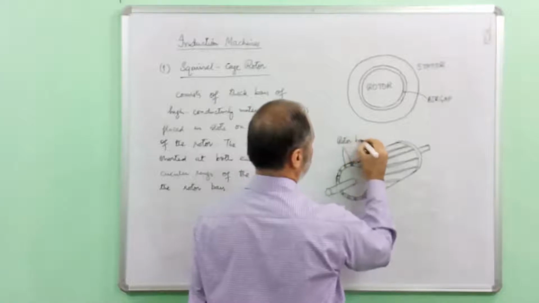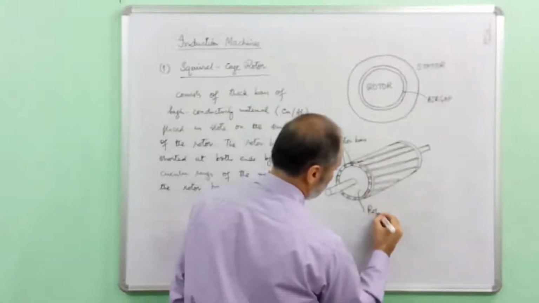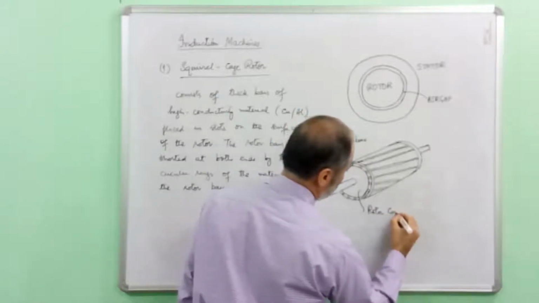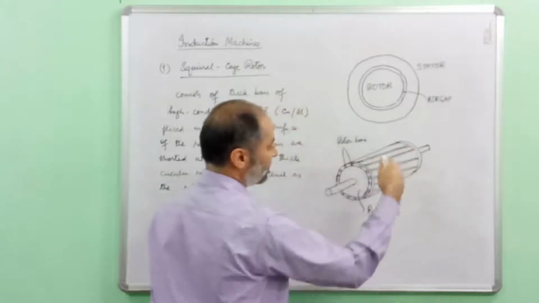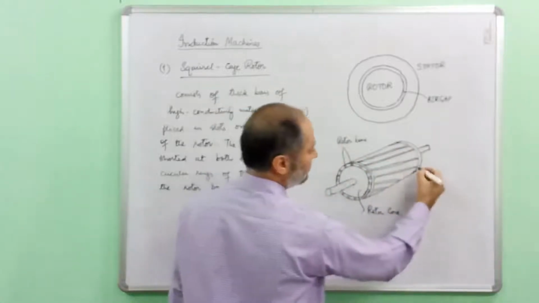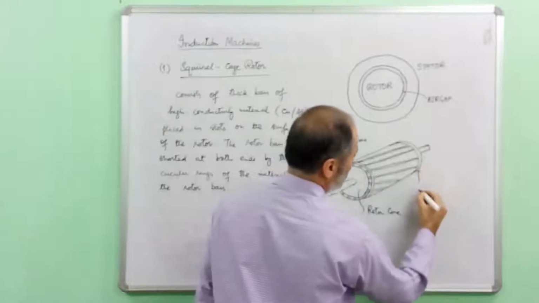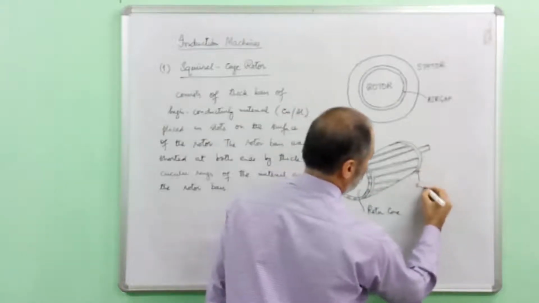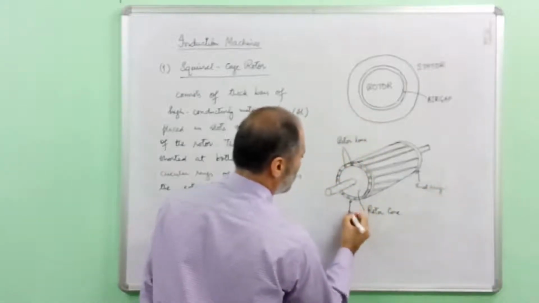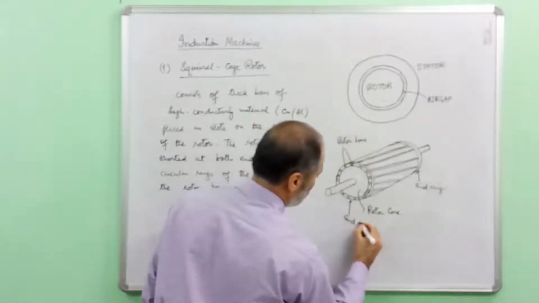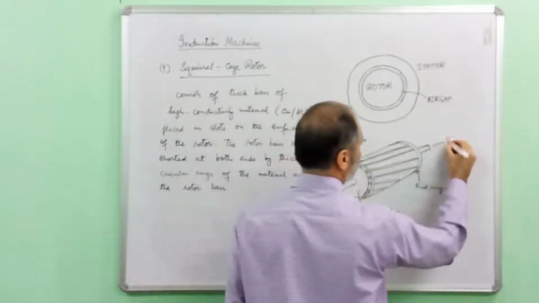This is the rotor core. And these two circular structures are the end rings. This is one end ring, and another end ring is on this side, and this is the shaft of the machine.